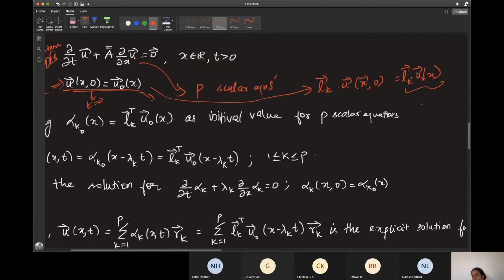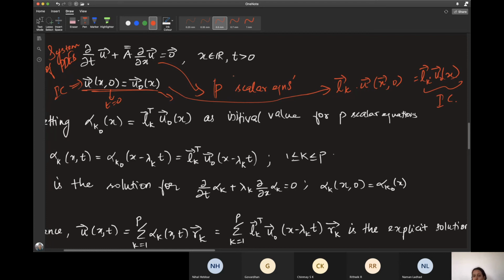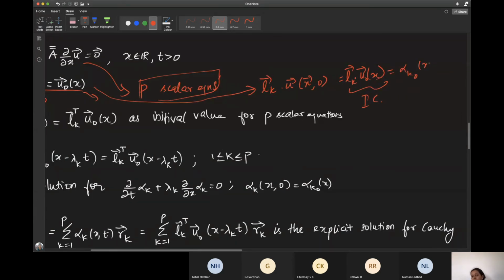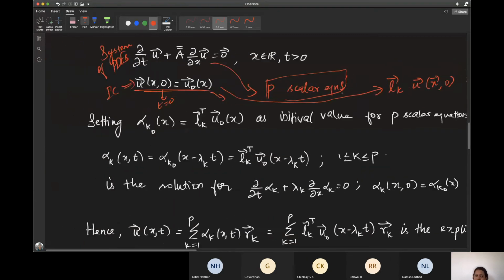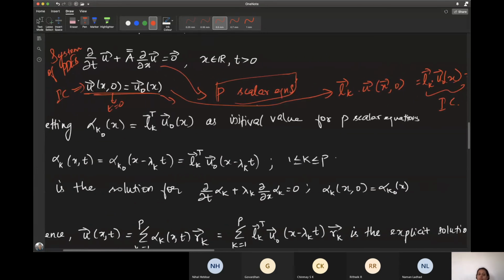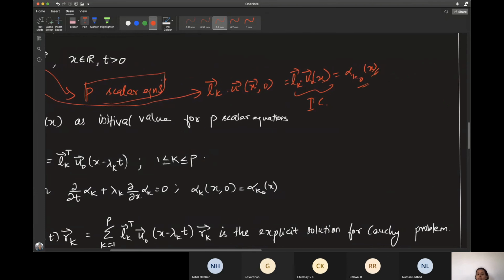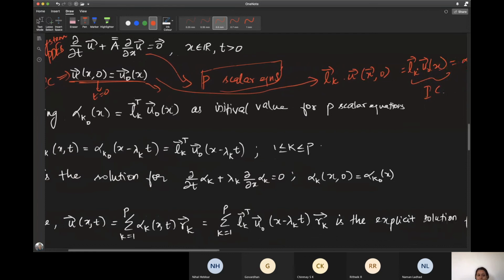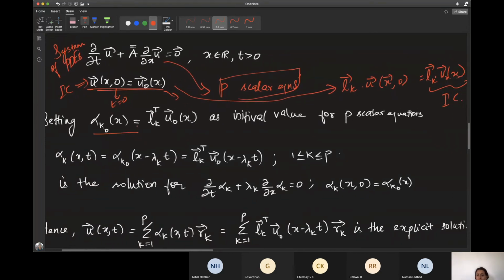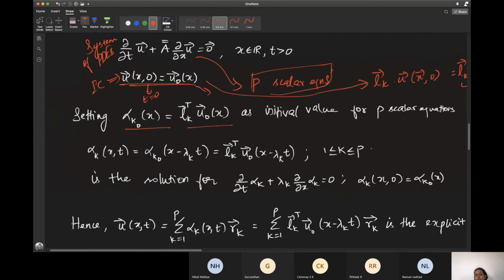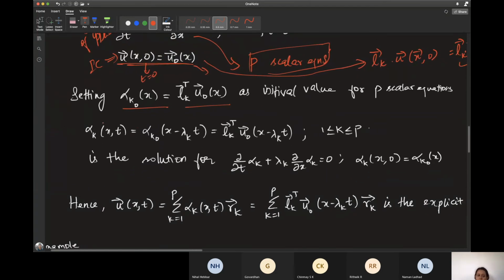This is actually your initial condition for each of these p scalar equations. This will be alpha k naught of x, some scalar function dependent on just x. So that's what we are doing, setting alpha k naught of x as lk transpose u naught of x. This becomes your initial value for your p scalar equations.